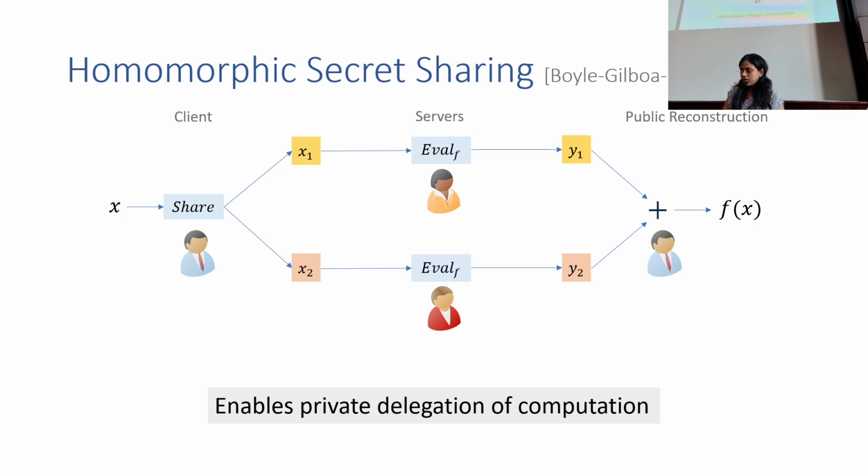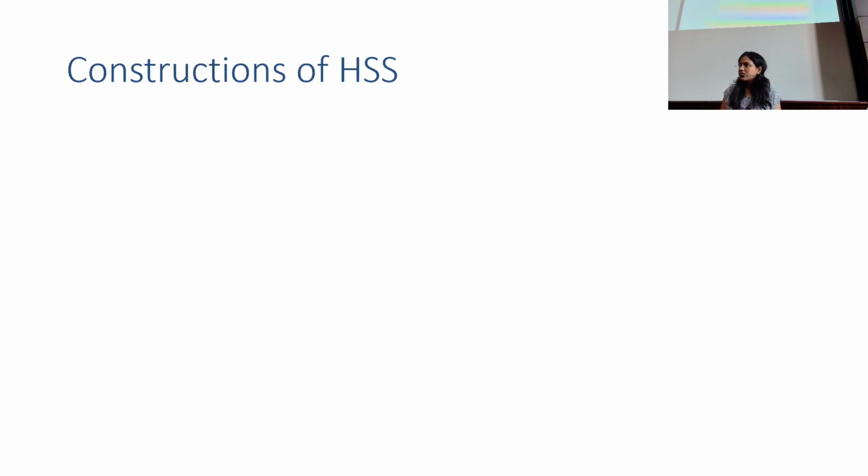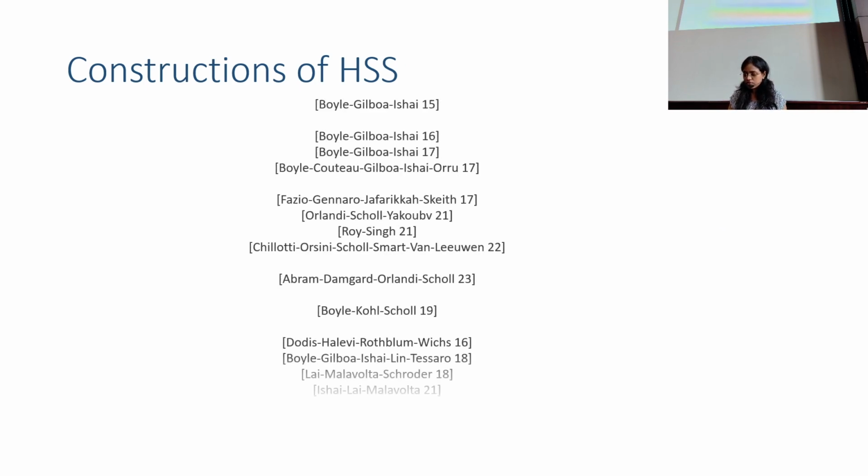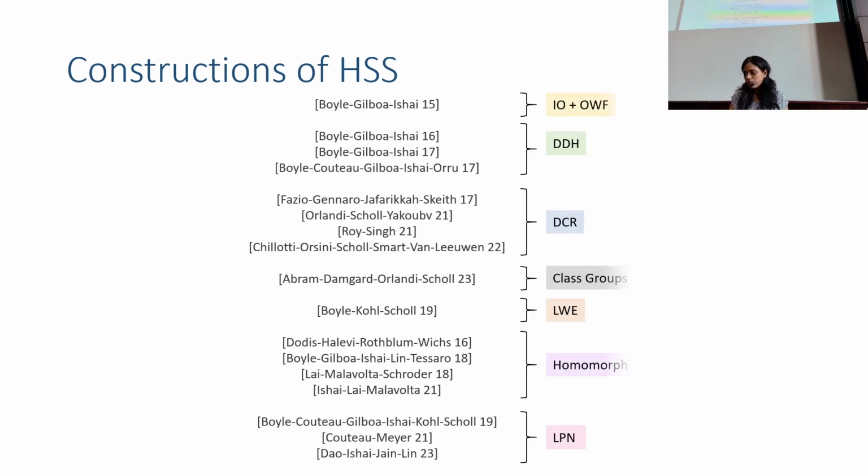It's easy to see that such homomorphic secret sharing schemes enable private delegation of computation. In fact, non-interactive private delegation of computation, which in turn has several applications to sublinear MPC, multi-server PIR, pseudo-random generation of correlations, etc. As a result, HSS has been a very well-studied area of research, and now we have several known constructions of HSS based on a variety of assumptions.